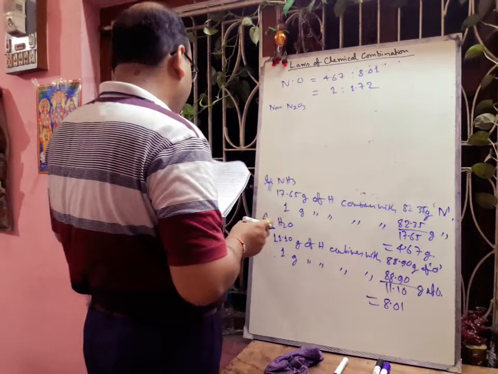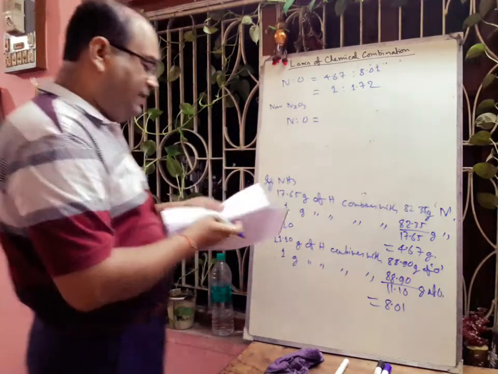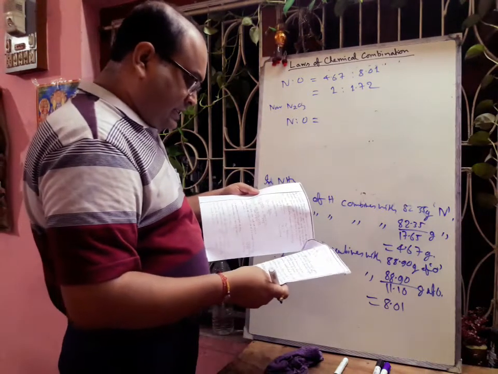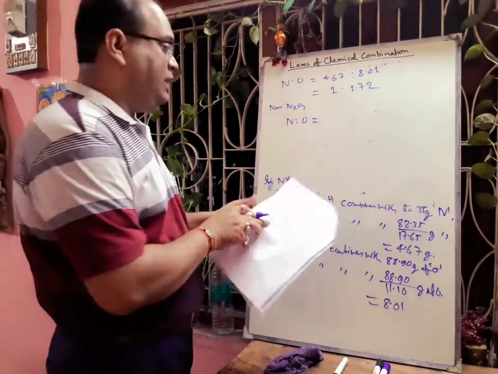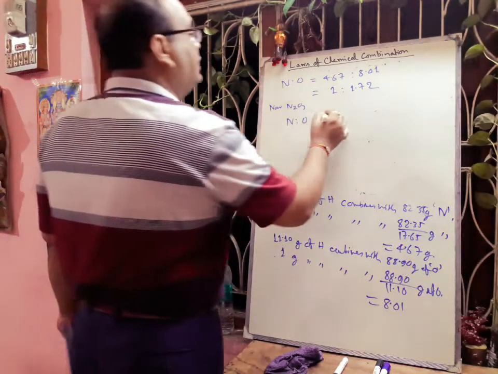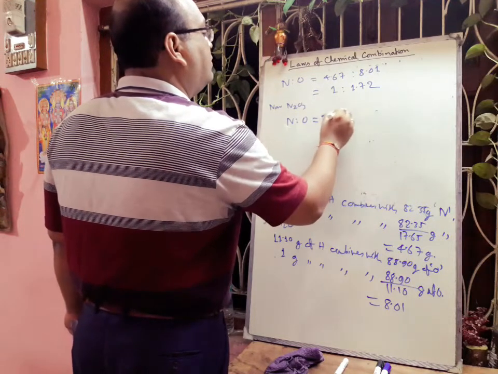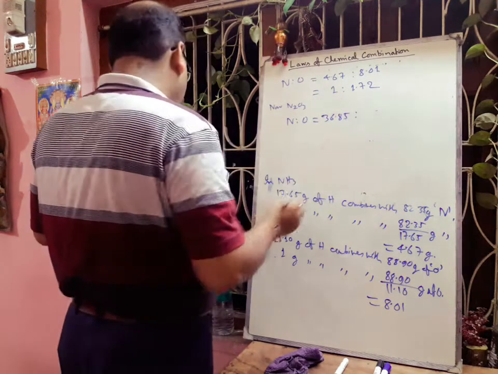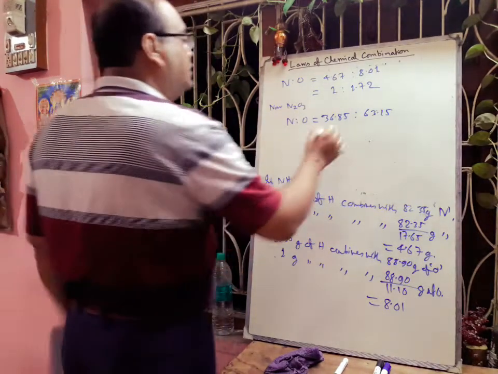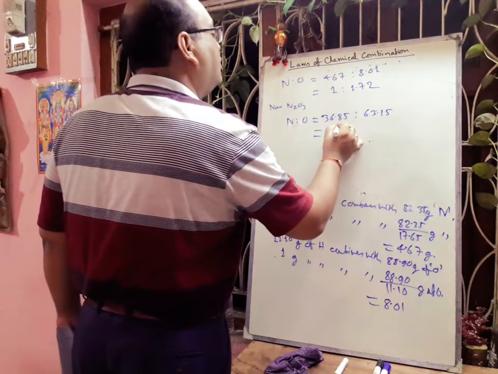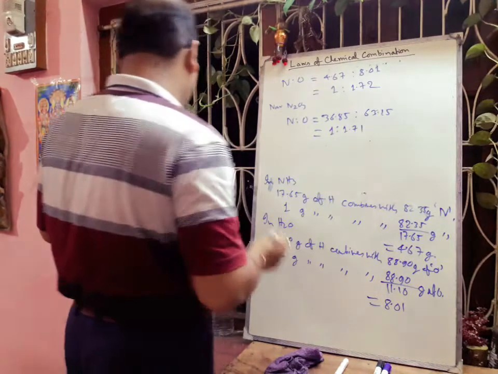What will be the ratio of nitrogen and oxygen? In the numerical it was given that 63.15% oxygen combines with 36.85% of nitrogen. So here the ratio will be 36.85 is to 63.15. Now if we calculate, we will get 1.1 is to 1.71.